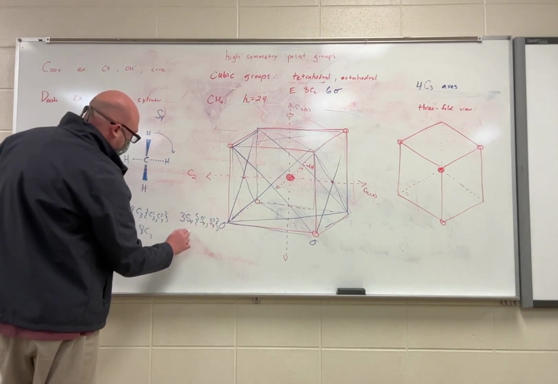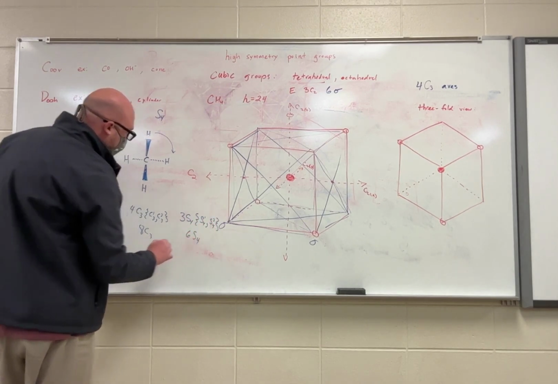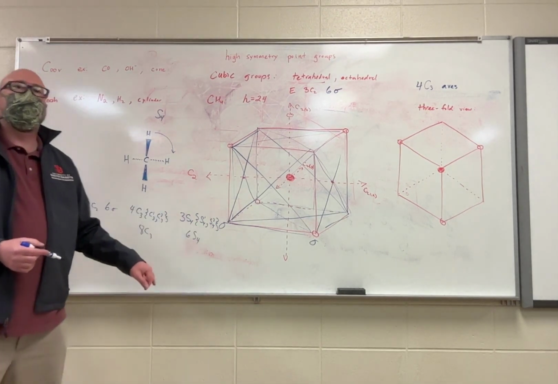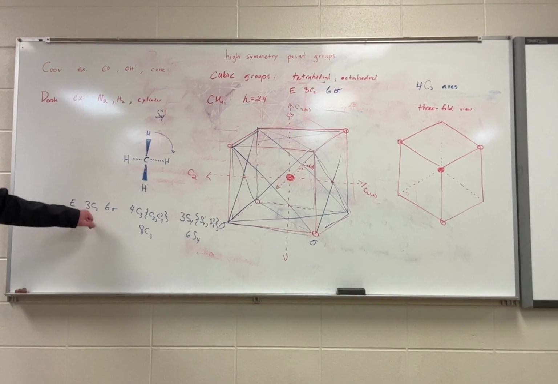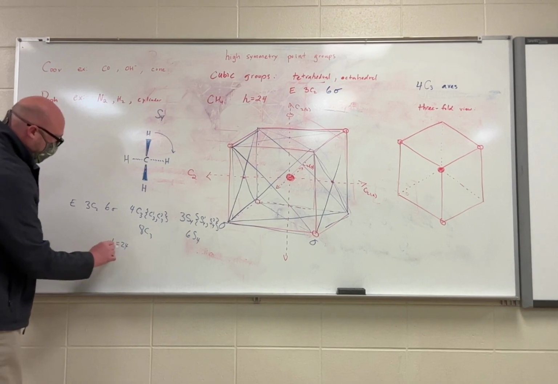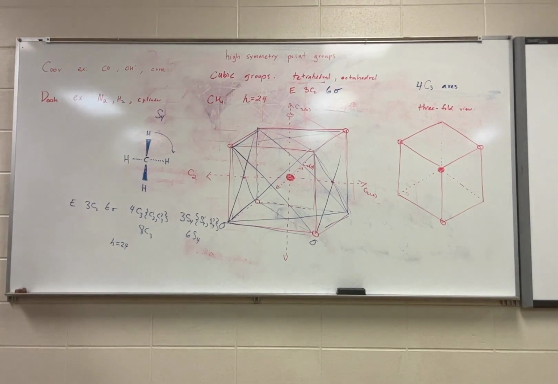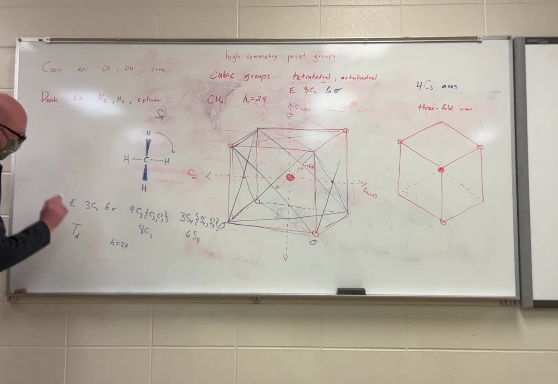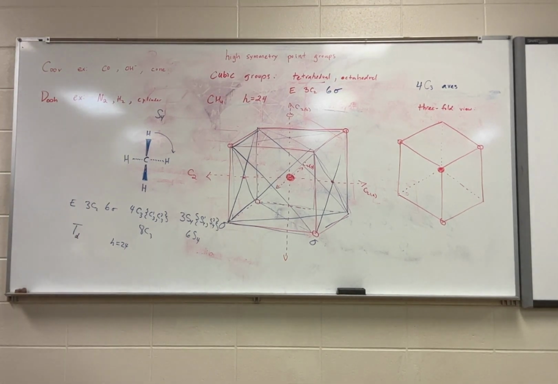So altogether, 6 symmetry operations. The S4^2, of course, is the same as the C2. So 24 symmetry operations. The order of the group is 24. This is the tetrahedral point group. It has the symbol Td.